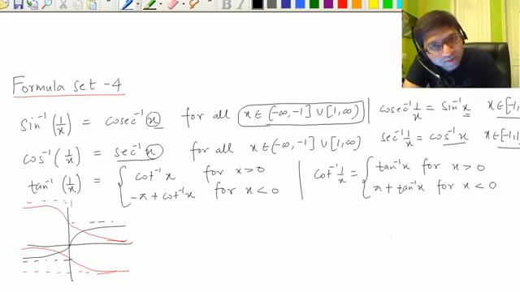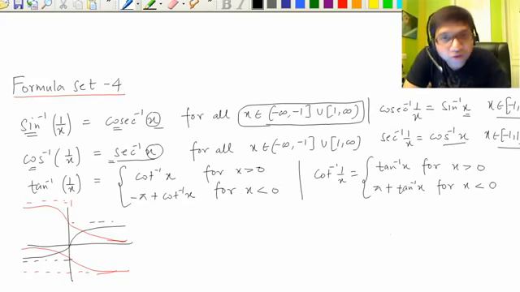Tan inverse x is a problem, and again the reason is obvious. Sine and cosec belong to the same category, no problem. Cos and sec belong to the same category, no problem. But tan and cot belong to different categories. The principal value branch of tan is from minus pi by 2 to pi by 2, and that of cot is from 0 to pi. So they don't belong to the same category, and that's a problem.